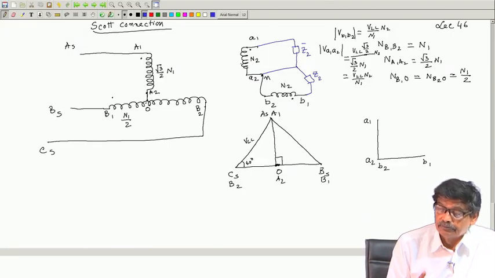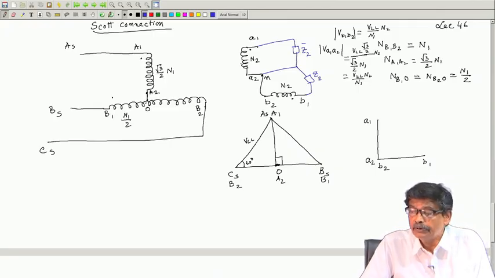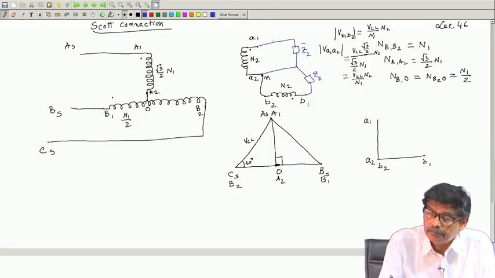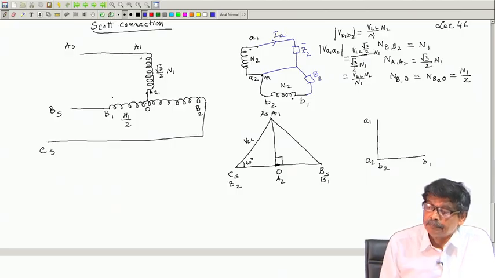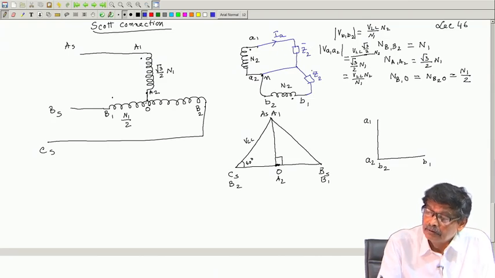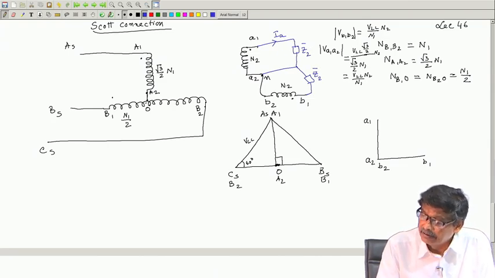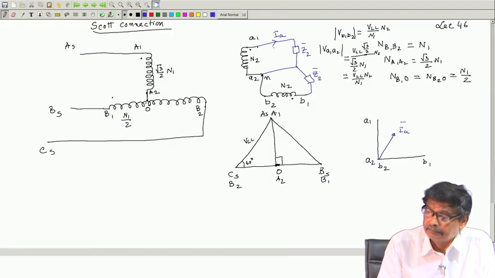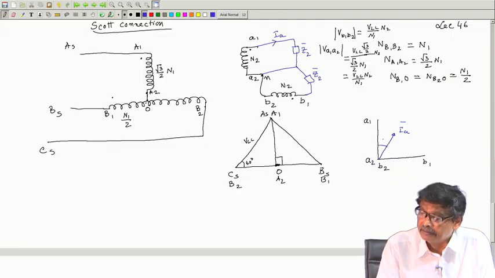Then what I told you, this point is crucial, that when you connect a balanced two phase load, on the secondary side there will be balanced two phase current. Let this current be called I A, where this I A will be depending upon the power factor of the load. This I A will be here, lagging this voltage by the power factor angle theta 2.